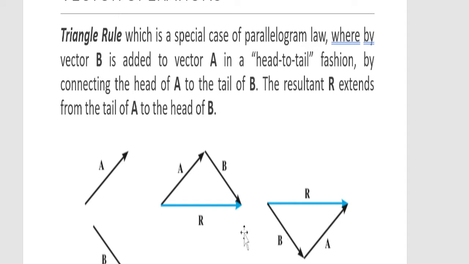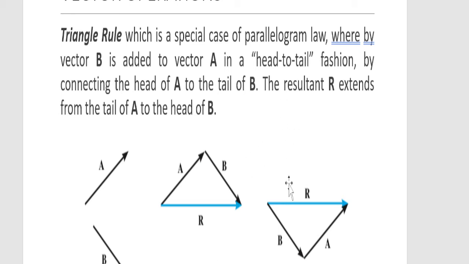The only difference is in how the vectors are joined, but in terms of the resultant vector, the direction will also be the same and the scalar quantity will also be the same, when you perform either a plus b or b plus a. So that is the triangle rule.